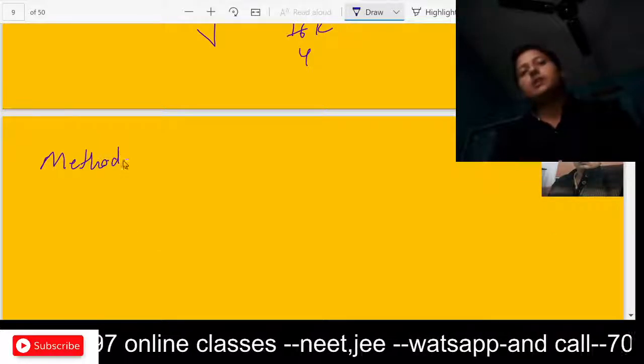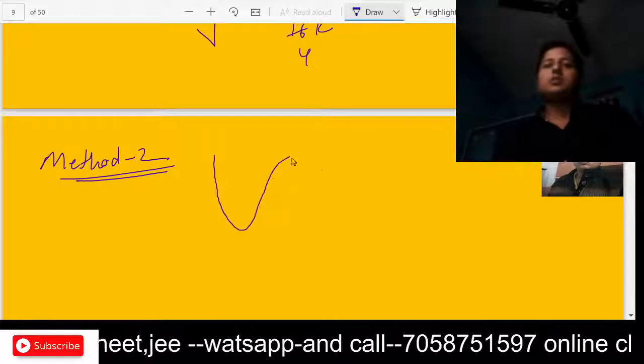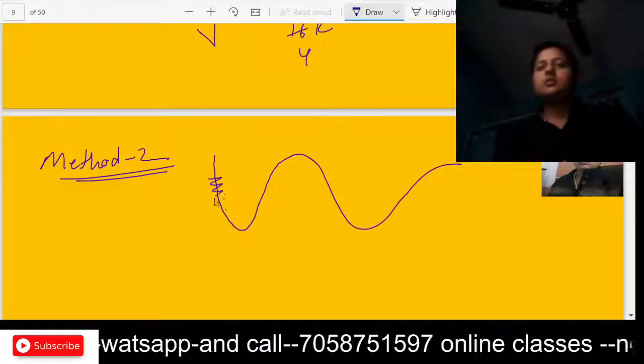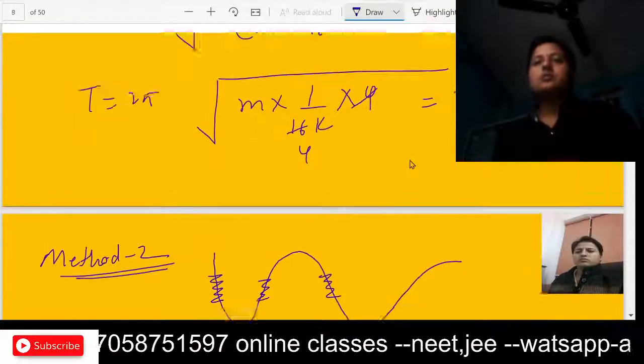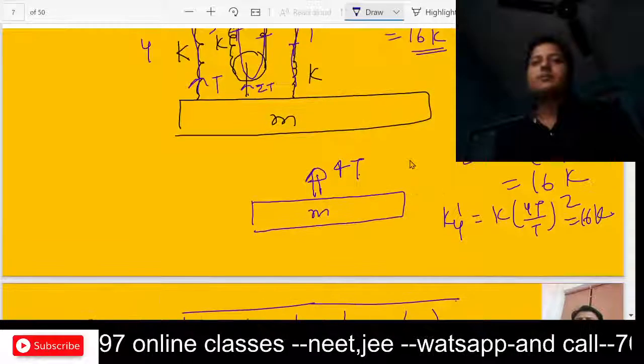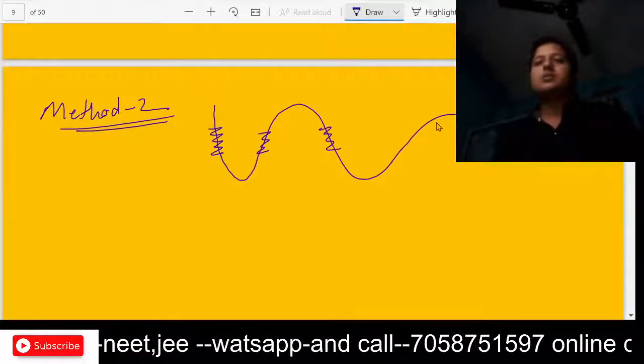Method 2 we can apply in this question, because a single spring is going like this, here springs are present, here springs are present, here springs are present, here also springs are present.